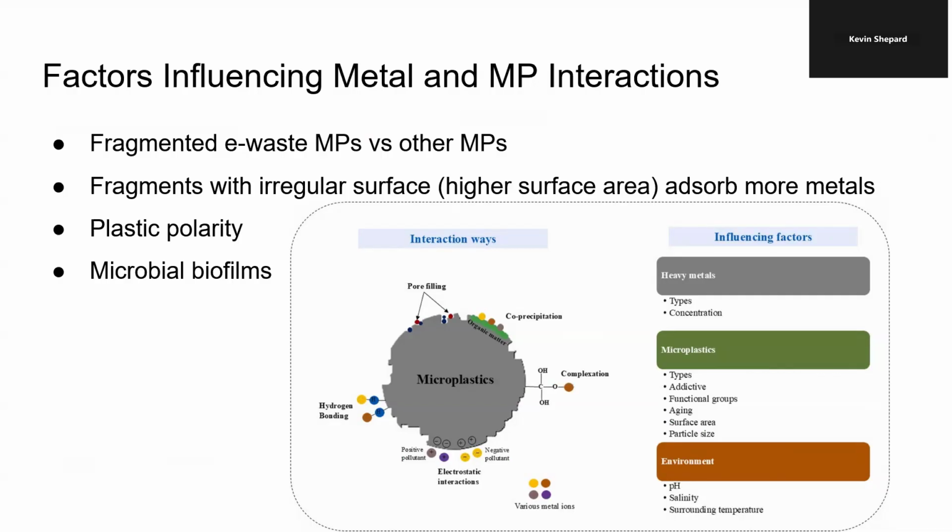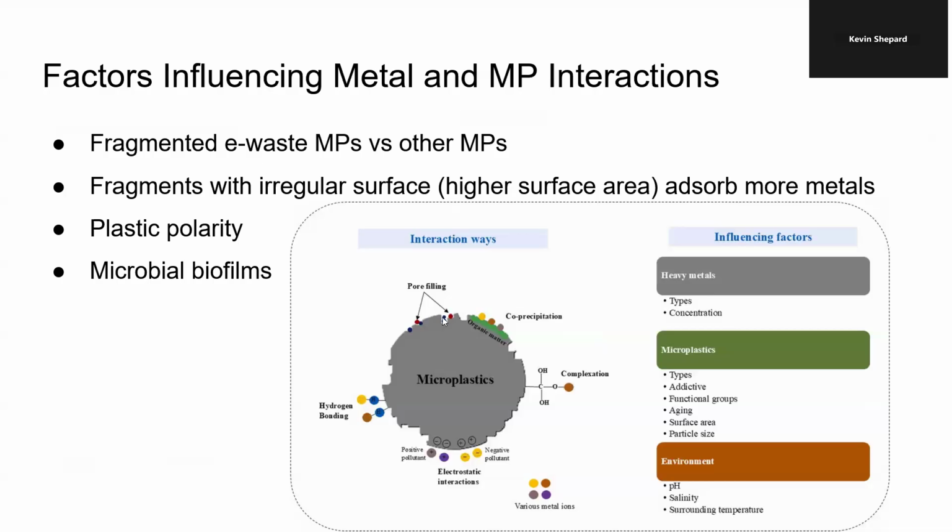So how does this get influenced? With e-waste, microplastics are generated through fragmentation: breakdown or weakening of the plastics through UV radiation, i.e., the sun, over time. What's the difference between fragmented microplastics and other microplastics, like, let's say, a fiber?